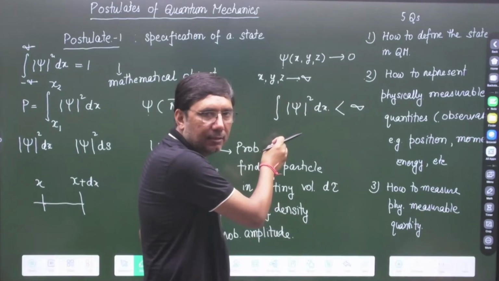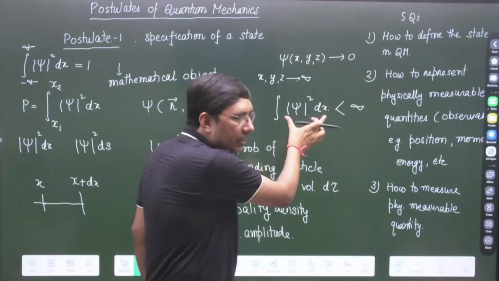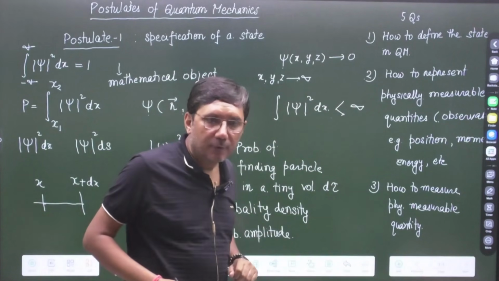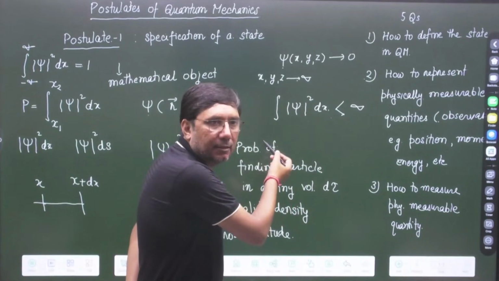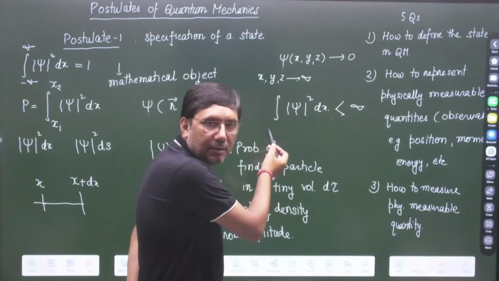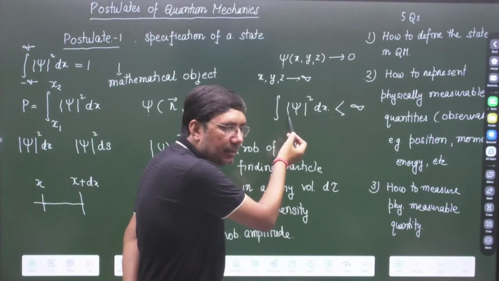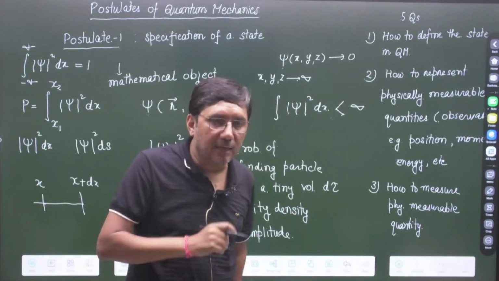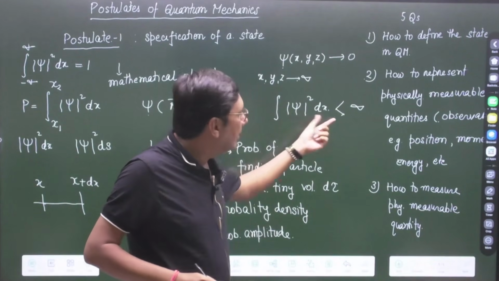Try to understand why it is needed. ठीक है? Because if it is finite, suppose on solving this, I am getting a square. So I will bring that a square here. So it will be 1 upon a square. ठीक है? And I will combine 1 by a with psi. So if I make my wave function as 1 by a into psi in place of psi, then this integration will be equal to 1.